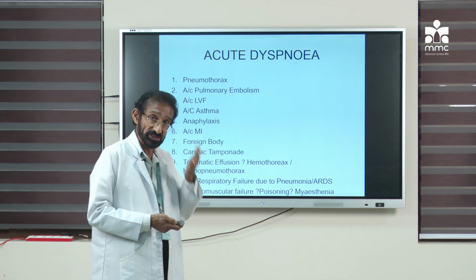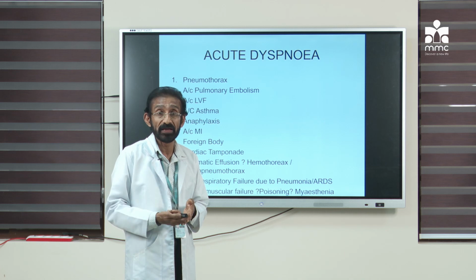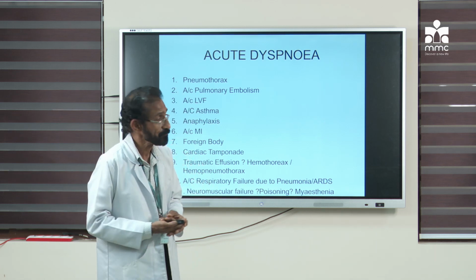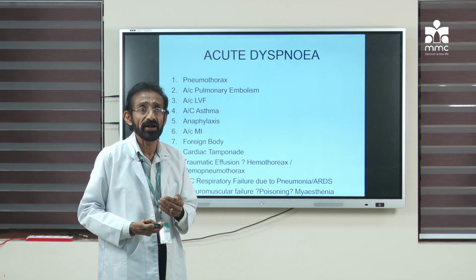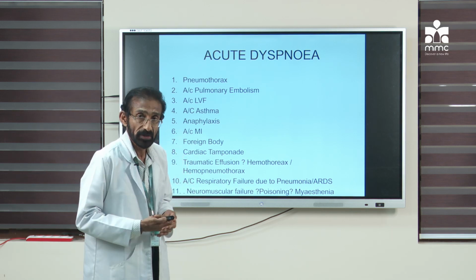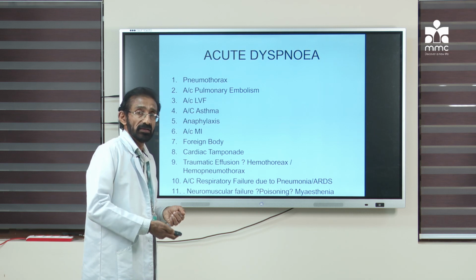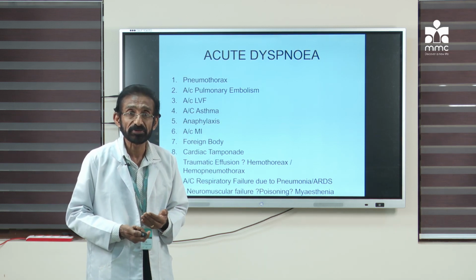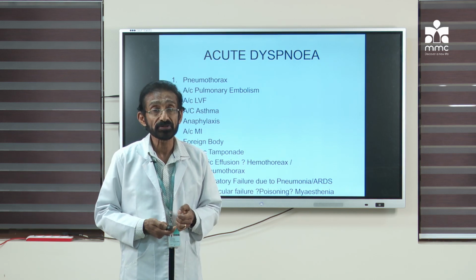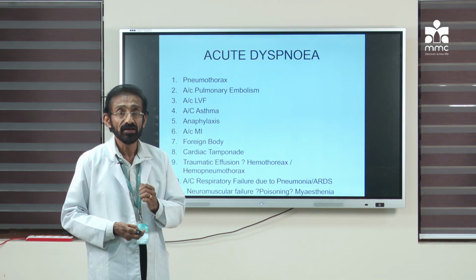And of course, ECG might show changes. The troponin might be elevated if you are doing it after 4 hours. And if it has developed regional wall motion abnormality, probably you might be able to pick it up by using ultrasound, bedside ultrasound.